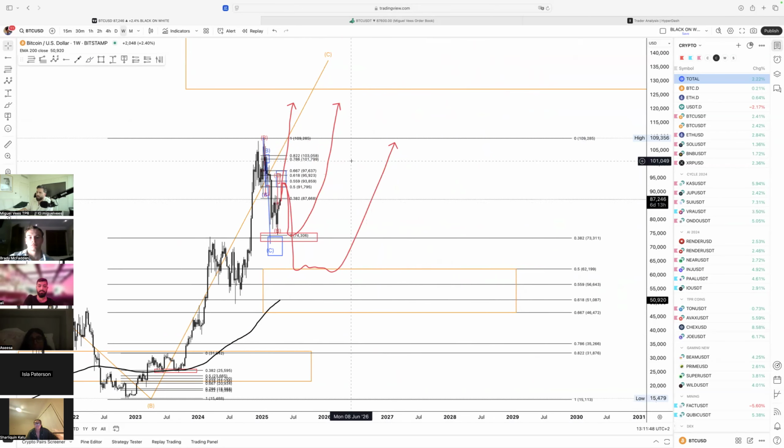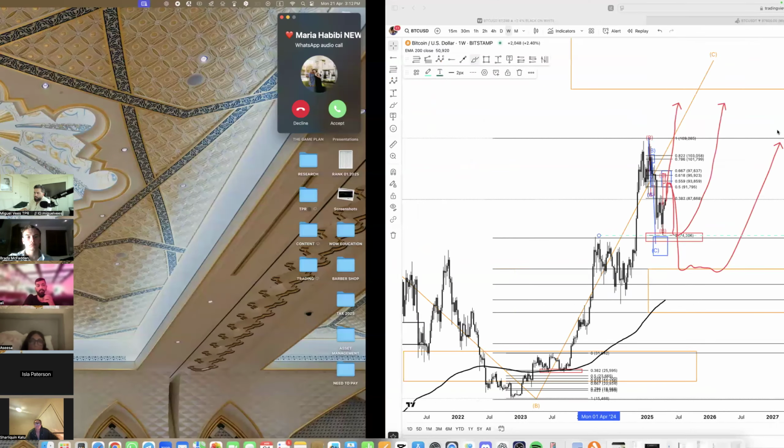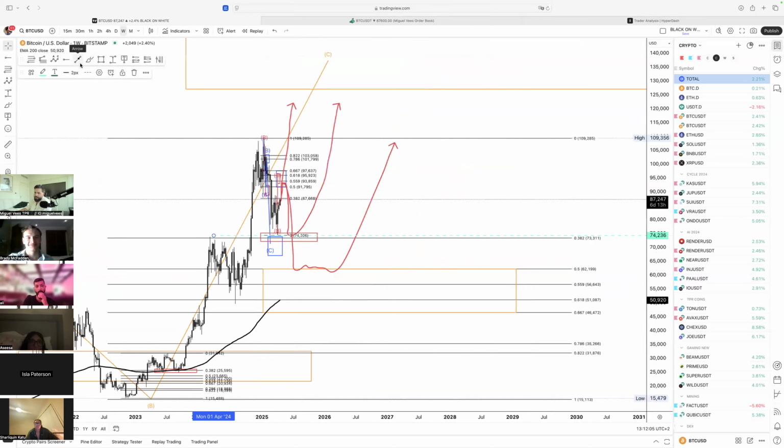Now, coming to a conclusion, you don't need to trade this if you feel uncomfortable. But if you see this now and you have this analysis, you can say, okay, I know where to start buying if I have some money. I can start buying here. I can start buying here if we come here.